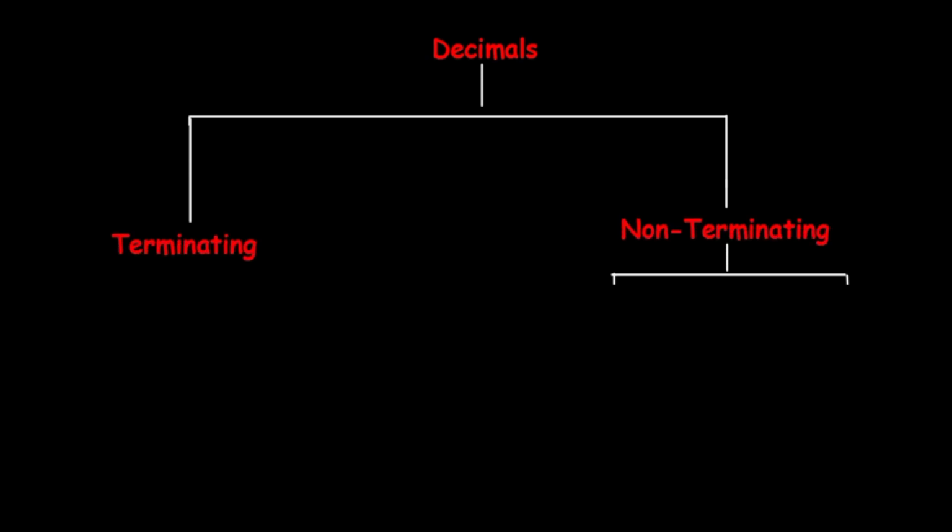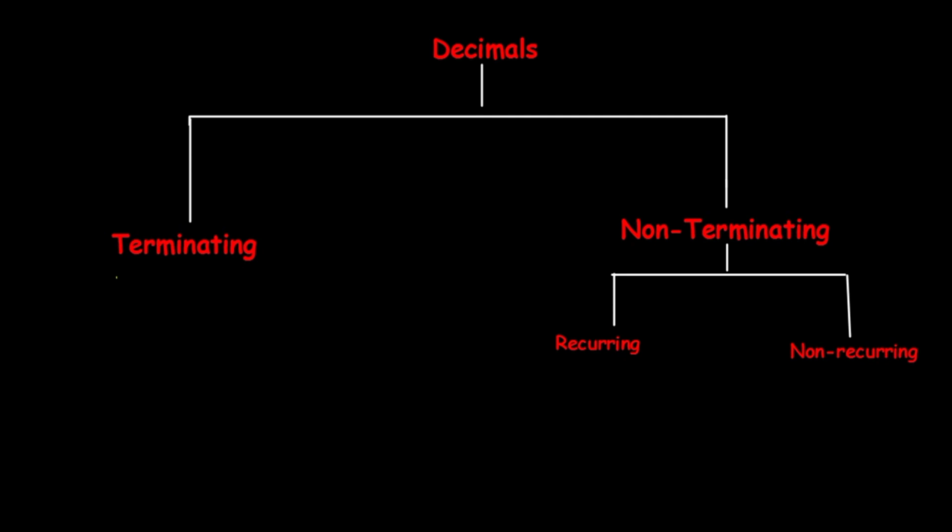So these decimals we have written as terminating and non-terminating. Again, these non-terminating decimals can be written as recurring and non-recurring decimals. Already we have discussed what is terminating and what is non-terminating. Now, what is recurring and non-recurring?